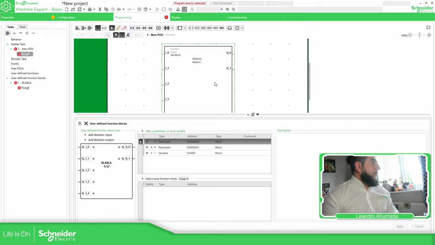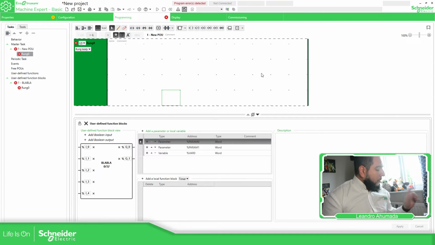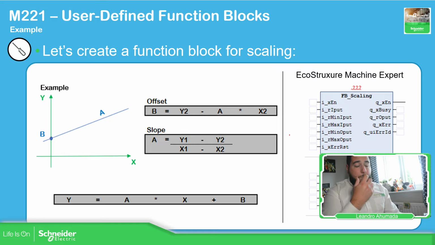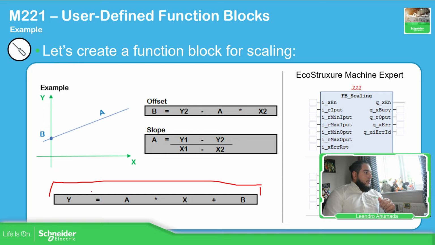So once we have this, I'm going to delete it, and let's go back to the presentation. Here, so what I'm going to do now with you is to create like a linearization. In the previous video, we saw how to create a function, not a function block, with this.